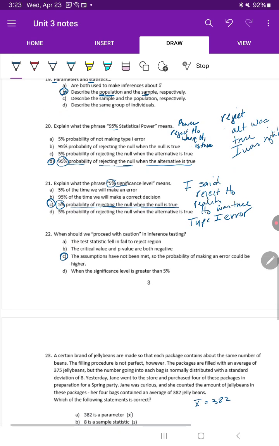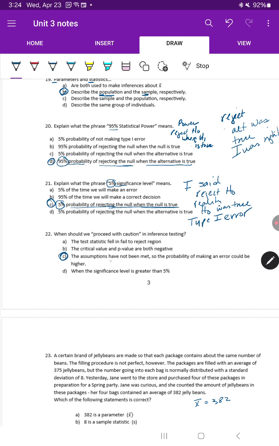When should we proceed with caution? When I say proceed with caution, it means my assumptions have mostly been met, but I might not be super happy with them. So either they have not been met or barely met, and the probability of making an error could be higher.